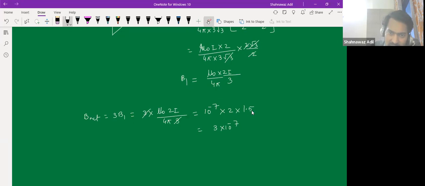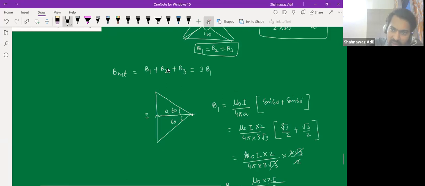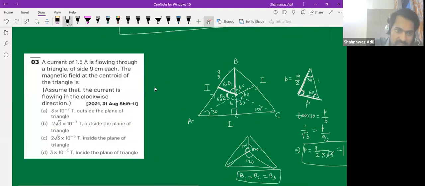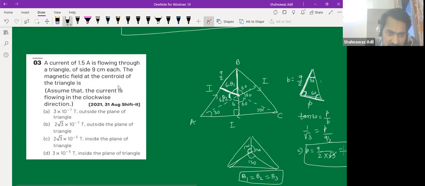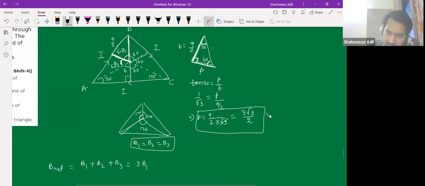And this is in centimeters, right? Oh, this is current in ampere, right? Yeah, this was in centimeters, right? So we have to be very careful that this is 9 centimeters, so we have to write it in terms of meter. So 1 by 100, right?